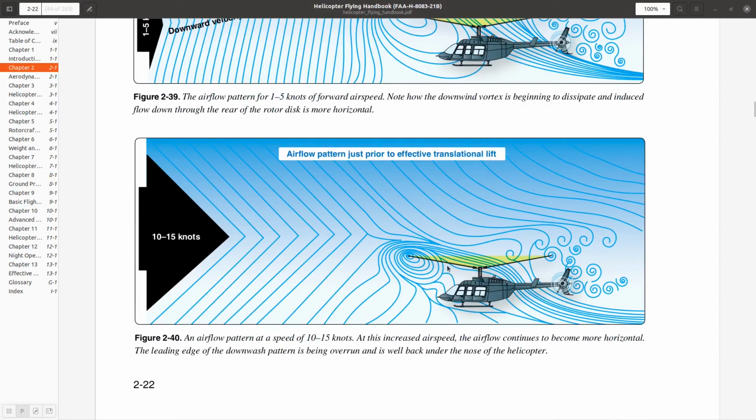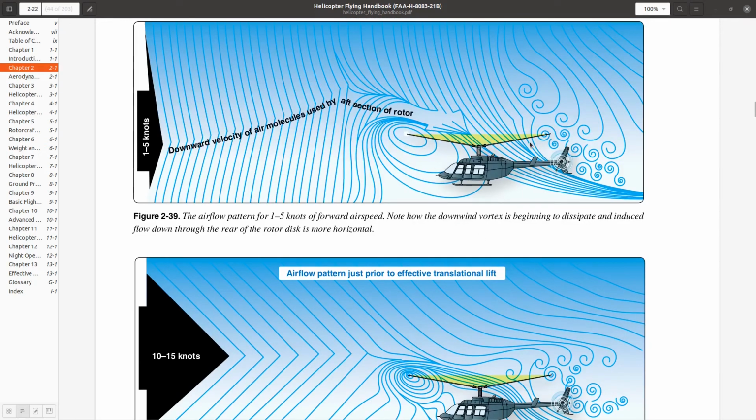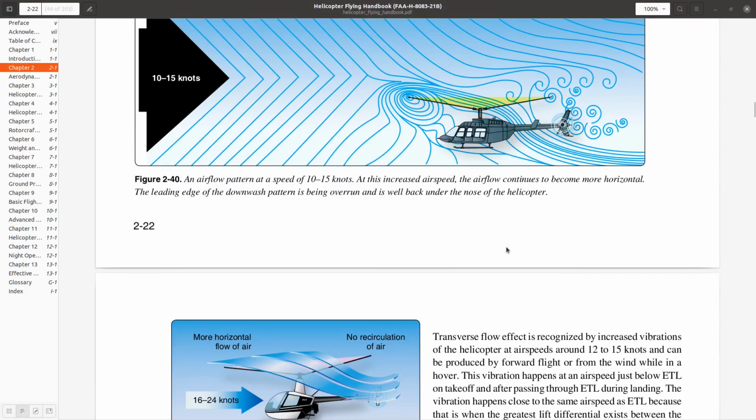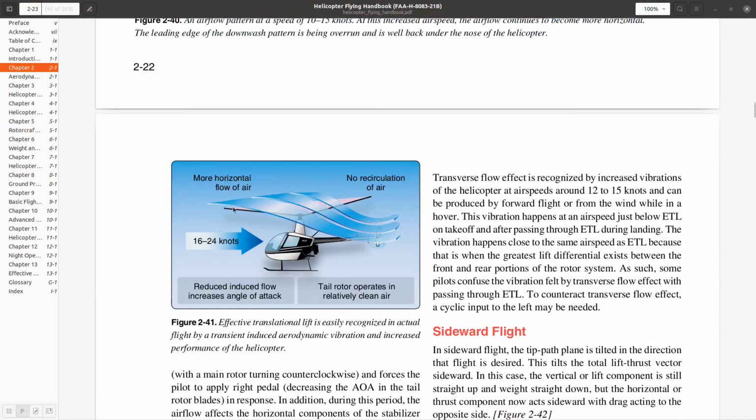And then as we speed up, we have this tip vortex at the tip of my rotor here. But see how much more of this flow is horizontal, or translational, if you will, than what I had here. And then as I increase the speed a little bit more, I get to my ETL speed. And now it's all outrunning all that horrible turbulent air.